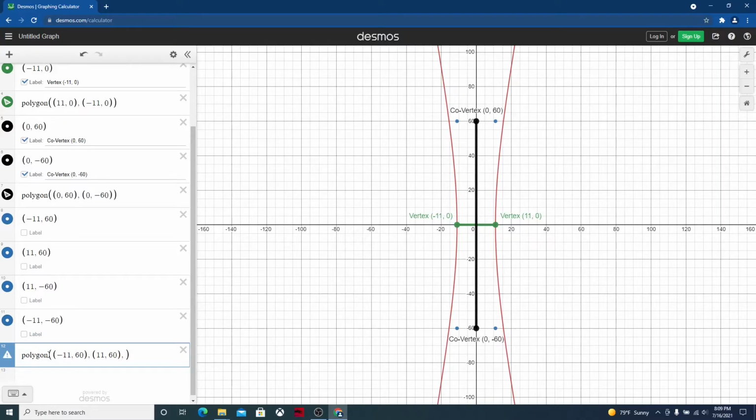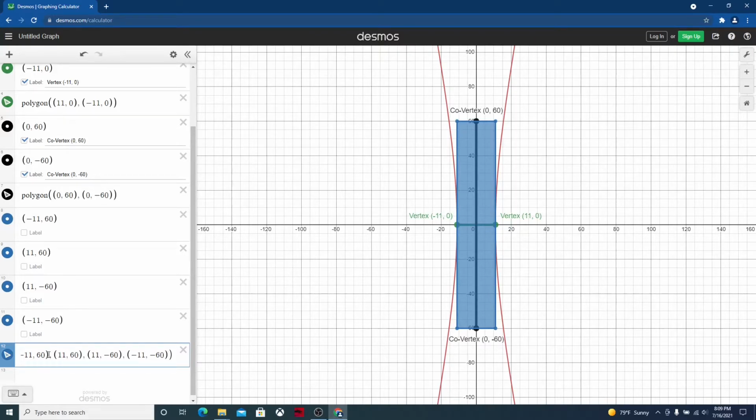And then the next one is positive 11 comma negative 60. Okay, and when we see that triangle, we know we're going in the right direction because the next point is going to be the one in the lower left. So comma, and that last one is negative 11 comma negative 60. All right, so there is our box.